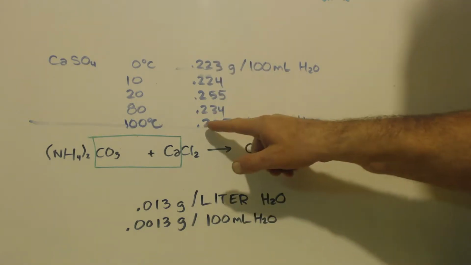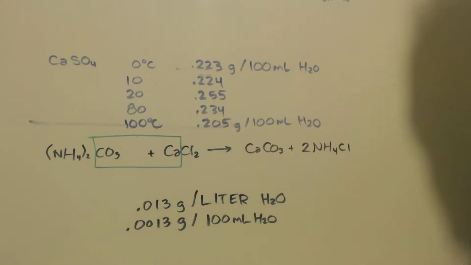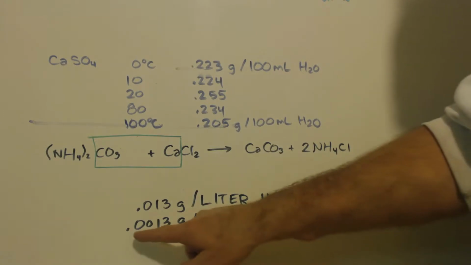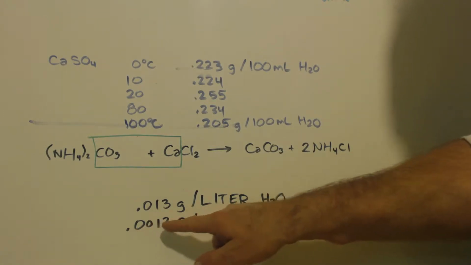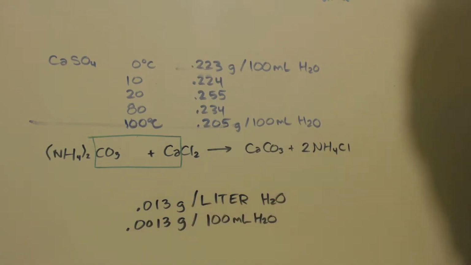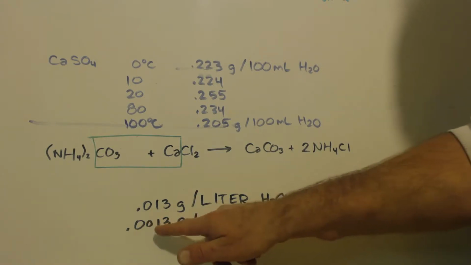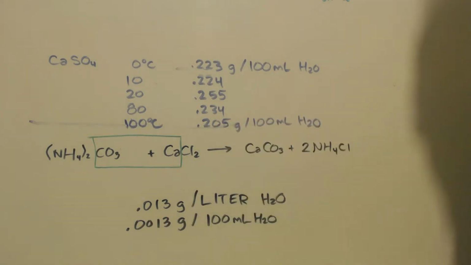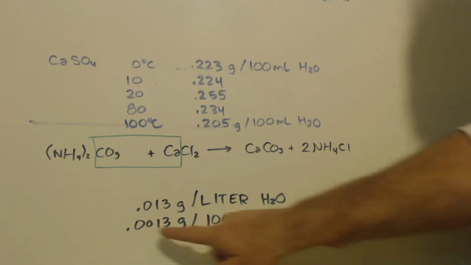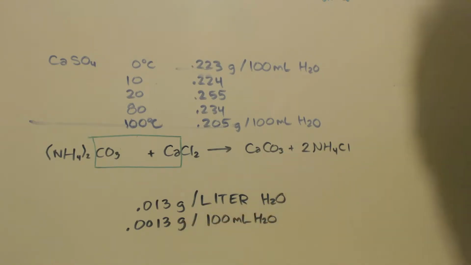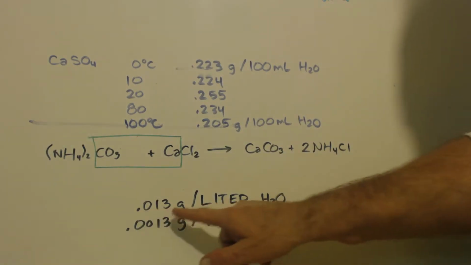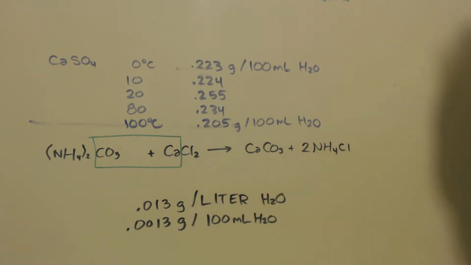You think 0.205 is not that much? Or what about 0.0013? 0.001 versus 0.2, that's a big difference. This is like nothing. This is counting molecules now, okay? 0.0013 per liter of water.